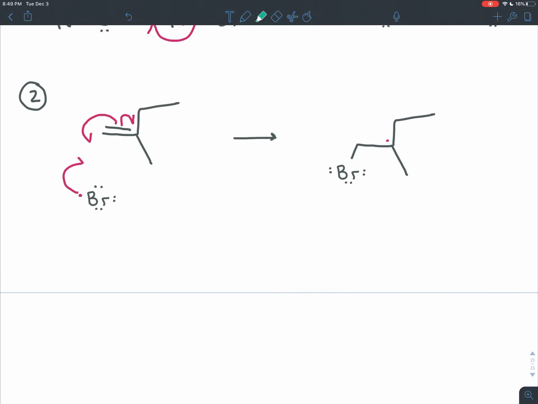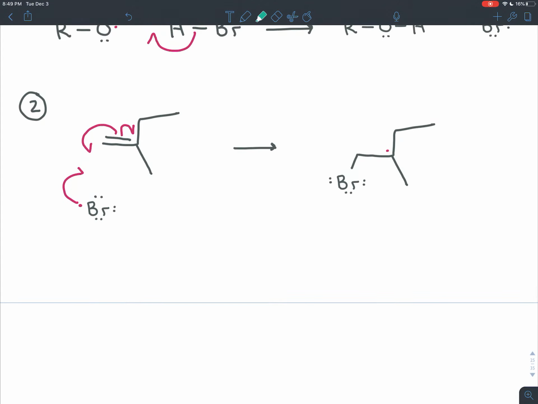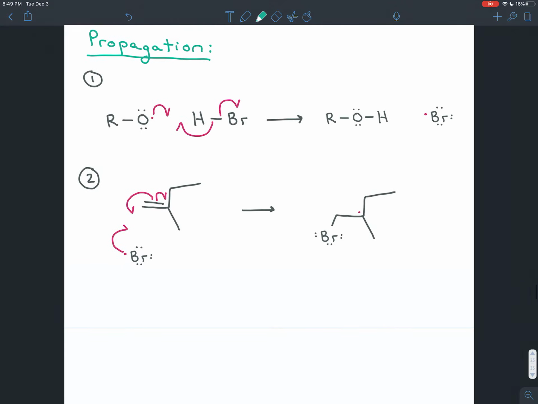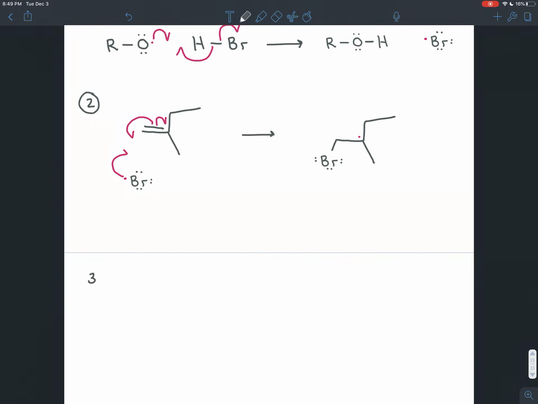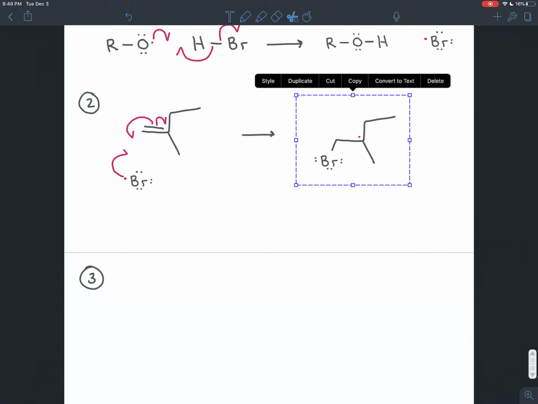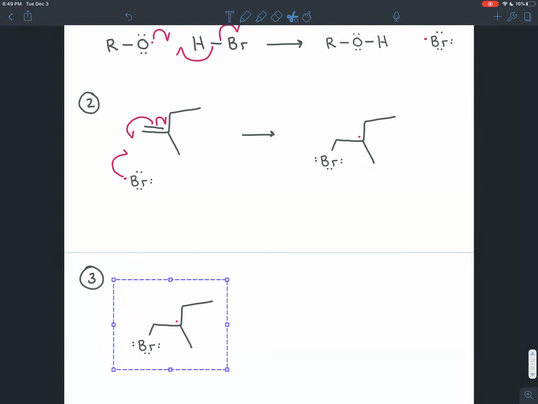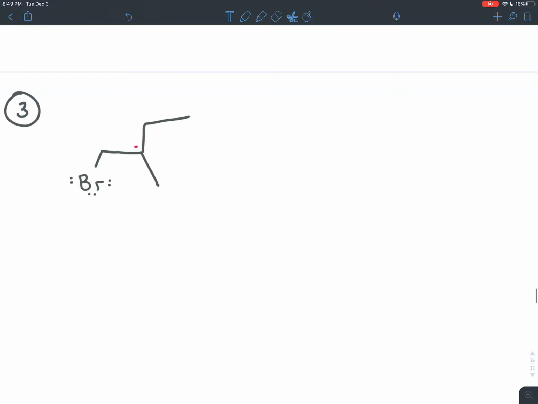It's one of the more stable radicals. Okay, so we've added the bromine and we've added it onto the less substituted carbon. So that's the second of the propagation steps, and then we have a third propagation step, where we take the radical that we formed in the second step and it reacts with a hydrogen bromide molecule. It rips the hydrogen off of that molecule.